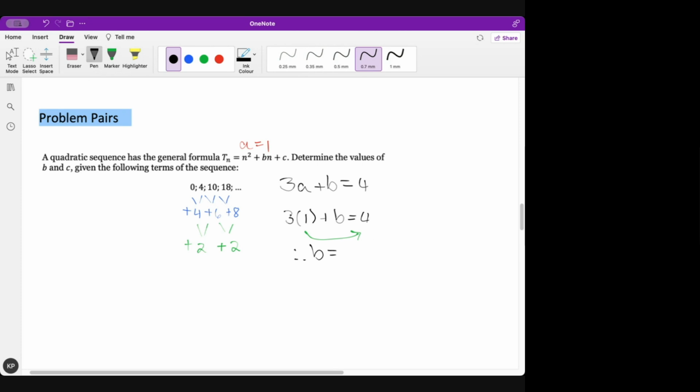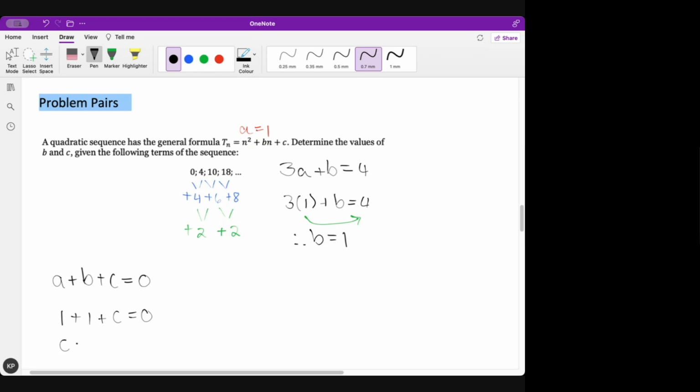That means b is equal to 1 because it's 4 minus 3. Great. And then a plus b plus c is equal to term 1, which is 0 in this case. So 1 for a plus 1 for b plus c is equal to 0. This can also be solved by inspection, but let's do the whole working out.